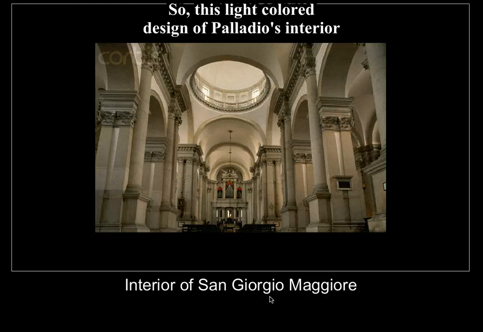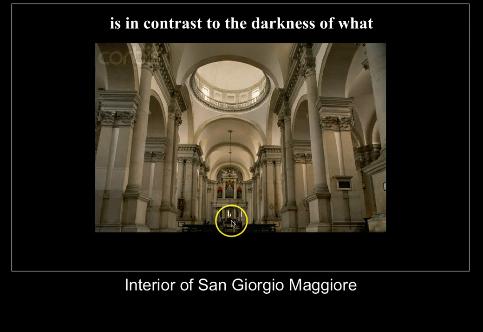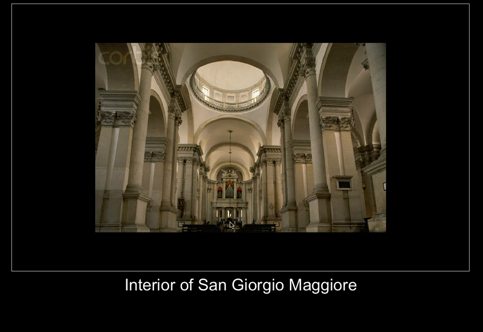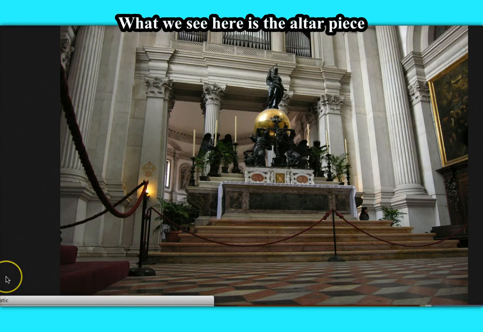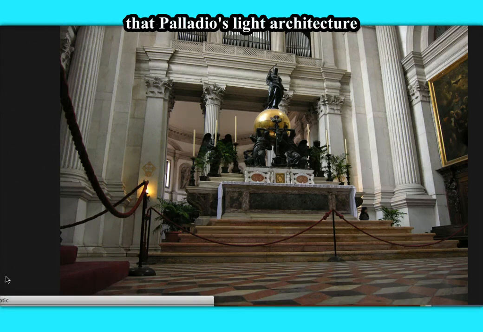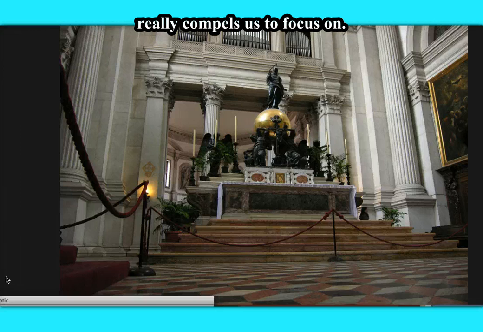So, this light colored design of Palladio's interior is in contrast to the darkness of what we see in the high altar at this church. What we see here is the altarpiece that Palladio's light architecture really compels us to focus on.